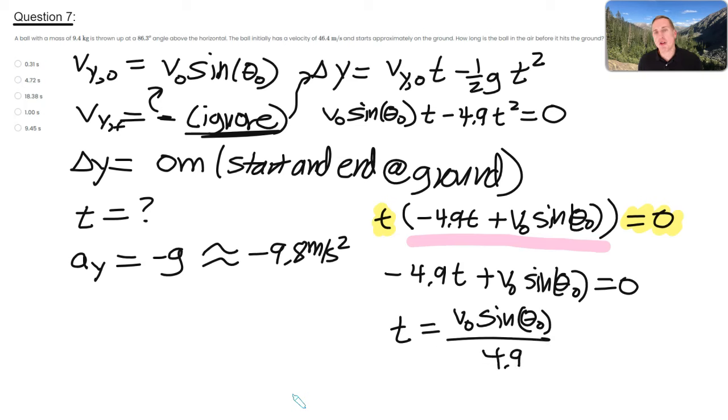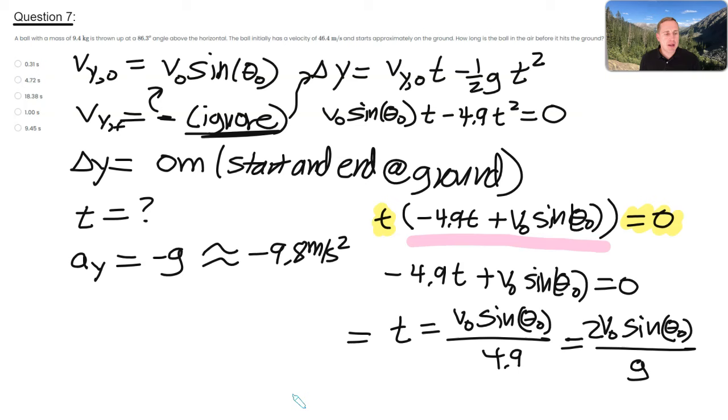Now, by the way, 4.9, again, that's just the same thing as 1/2 g. You could have just kept that as 1/2 g. So if you were deriving this, like the teacher wanted this all in terms of variables, then it'd be 2 V0 sine theta initial over g, because dividing by 1/2 is the same as multiplying by 2.